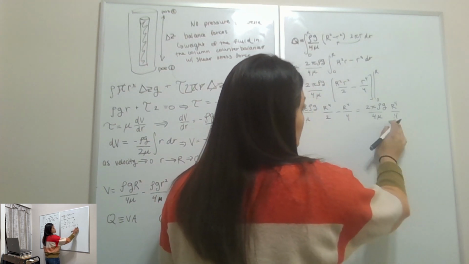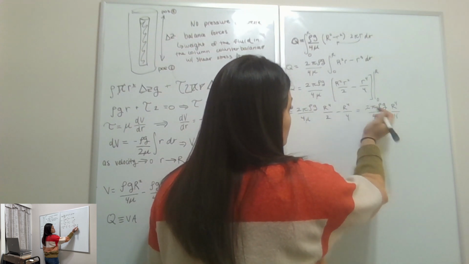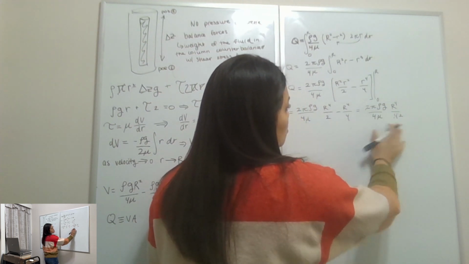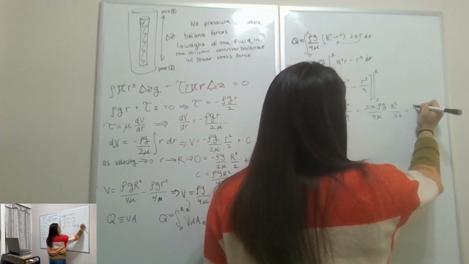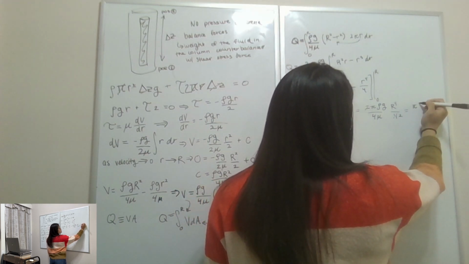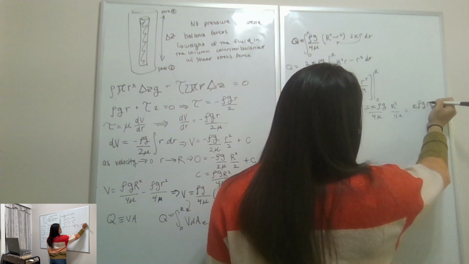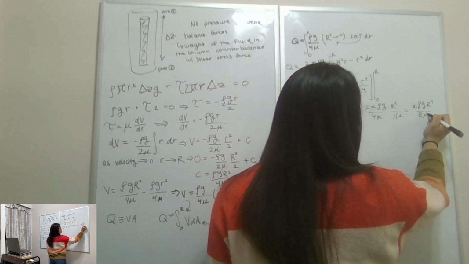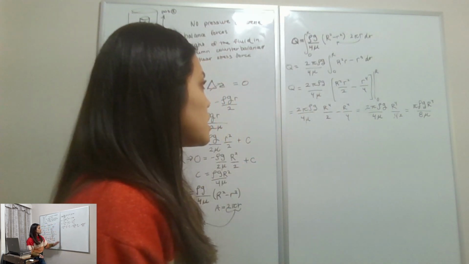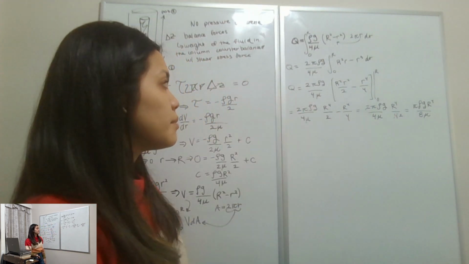So crossing out the 4 and that 2, this is going to give us a 2 remaining in the denominator. So again, simplifying further, we're going to have pi times the density times the gravitational acceleration times the outer radius to the 4th divided by 8 times the viscosity. So that gives us the flow rate.